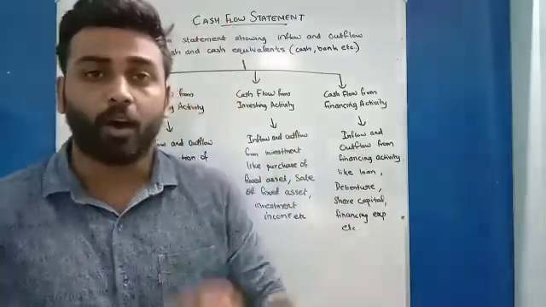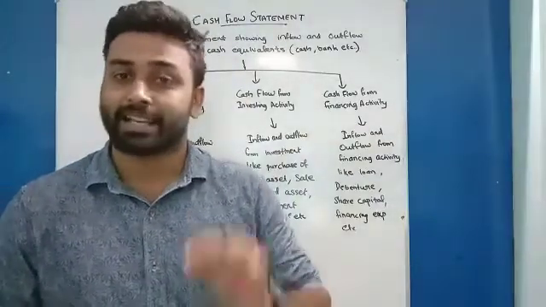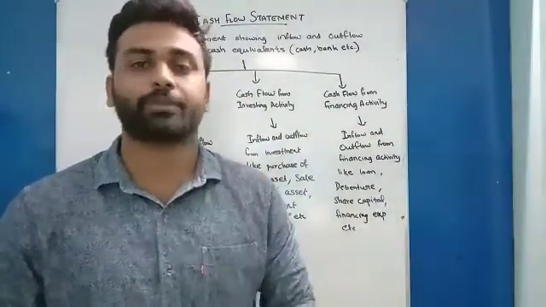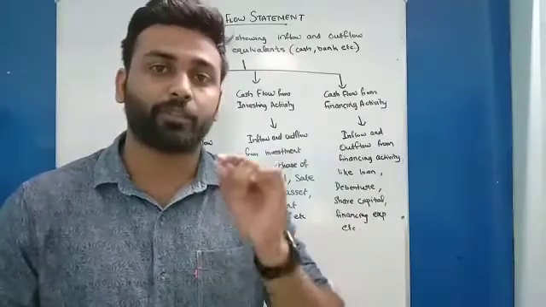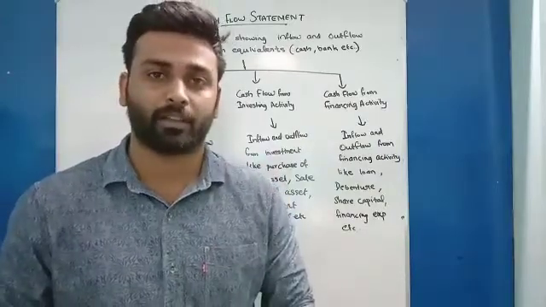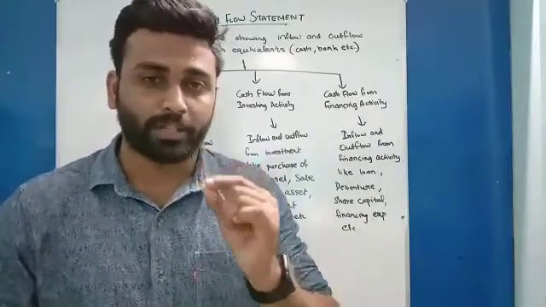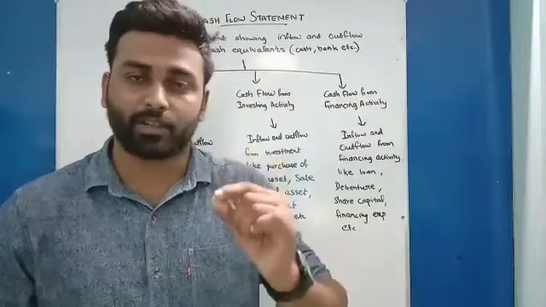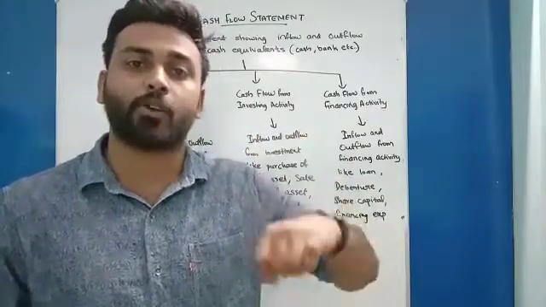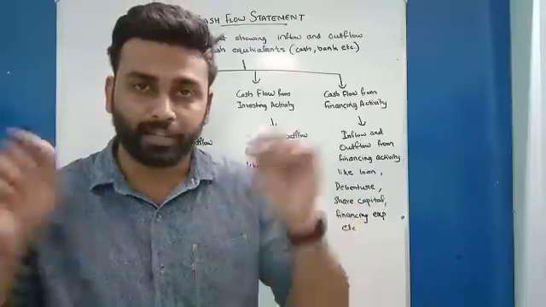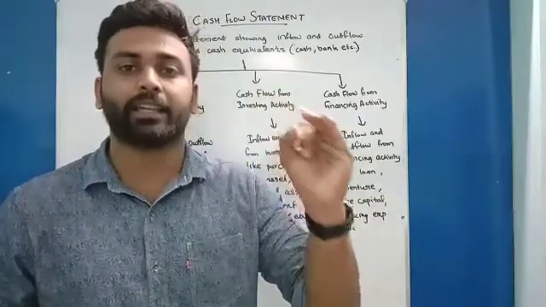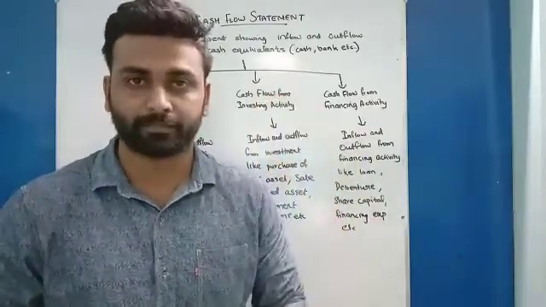First one, operating activity, second one, investing activity, and third one, financing activity. So the total cash inflow and outflow of the business is divided into three: operating, investing, and financing.